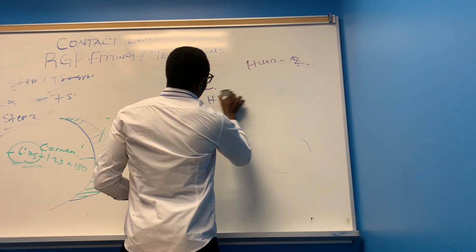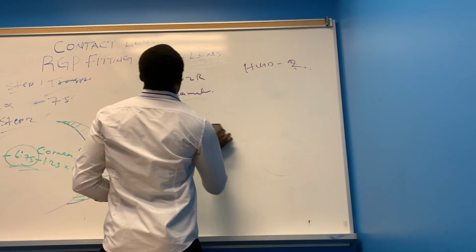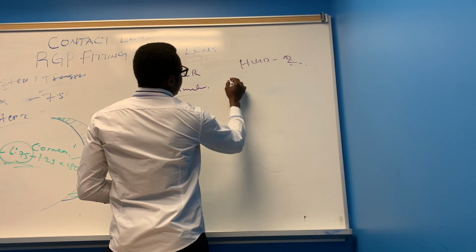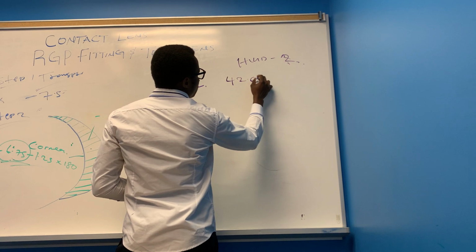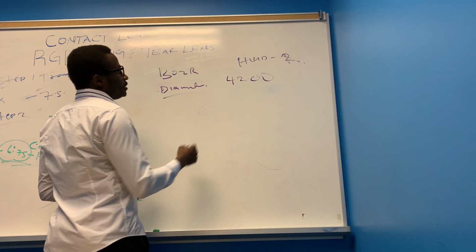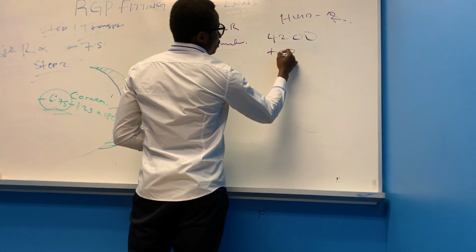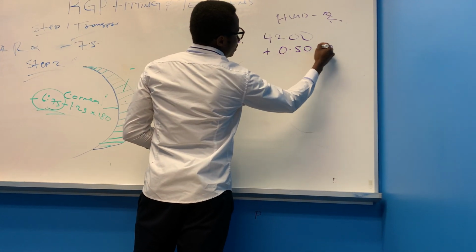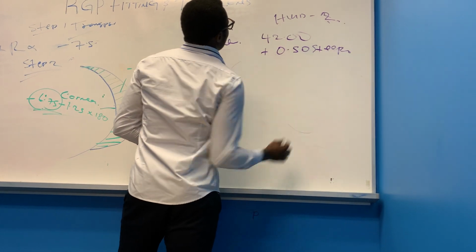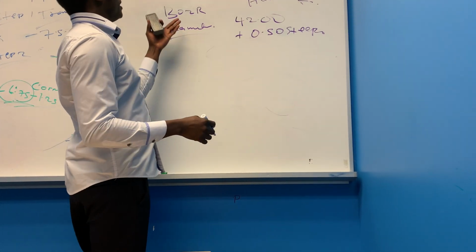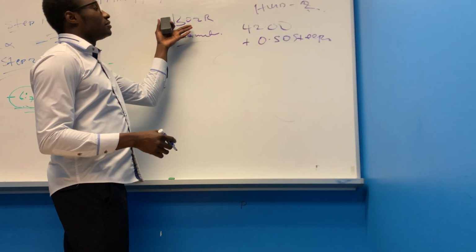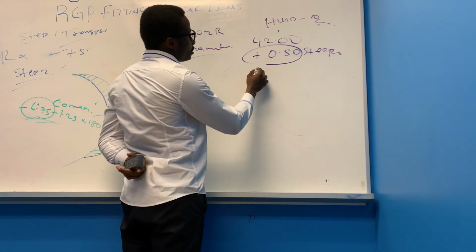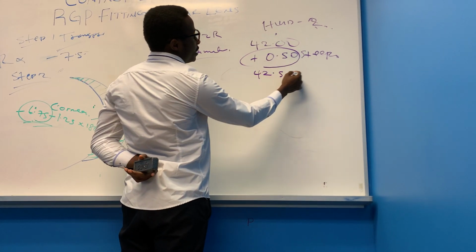Then I'm going to demonstrate how to get the base curve of an RGP. Remember, initially our flattest K is 42.00 and we are asked to fit 0.5 steeper than K. So to get our base curve of this RGP lens, we are going to add 0.5 to this, which will give us 42.50.